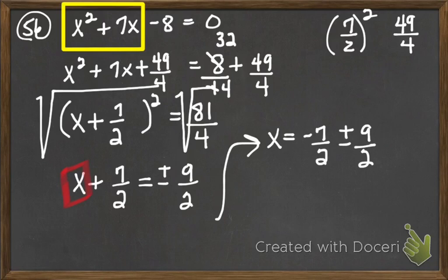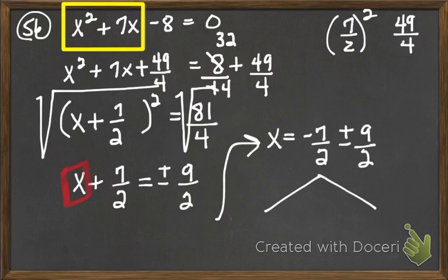So you're going to end up with x is equal to negative 7/2 plus and minus 9/2. Do you leave your answer like that, or do you keep going till you get two separate answers? You've got to keep going here because you don't have a square root. It's not plus or minus a square root, so those numbers will combine.